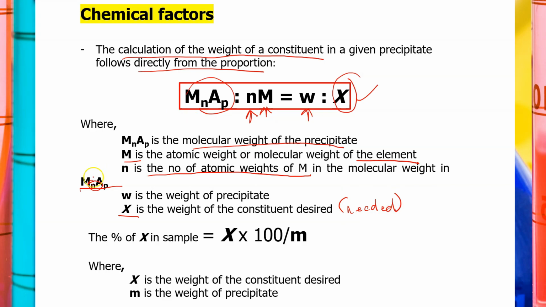Then, after you get the weight of X, the percentage of X can be calculated using this formula, X times 100 per M, where X is the weight of the constituent desired, and M is the weight of the precipitate.